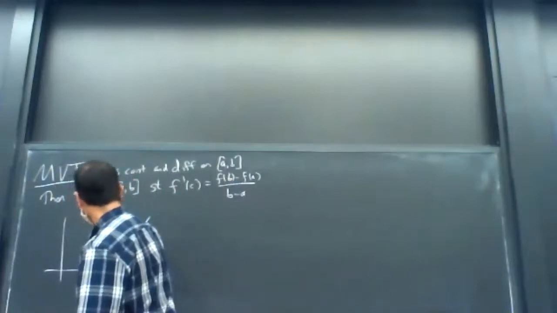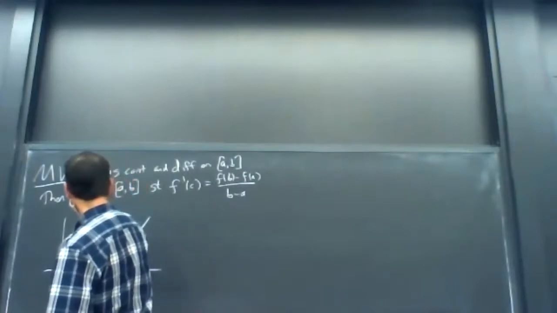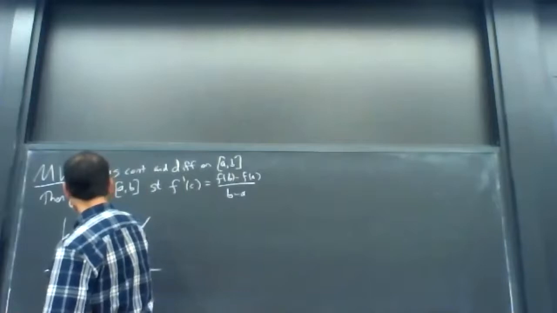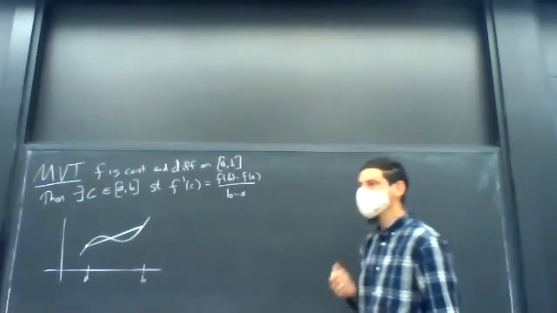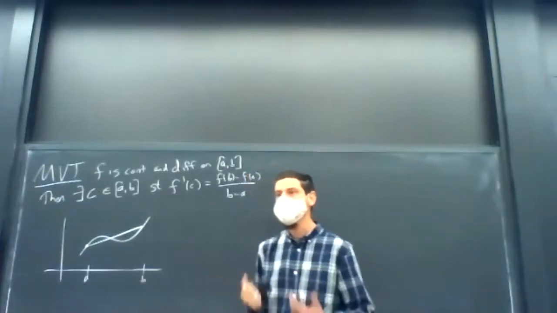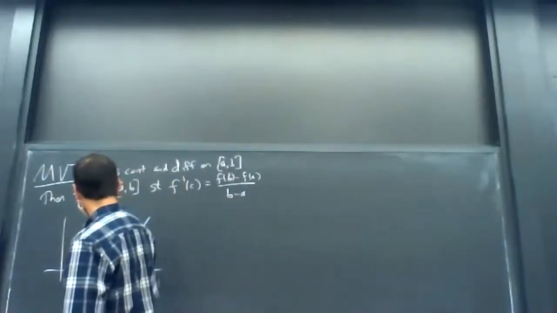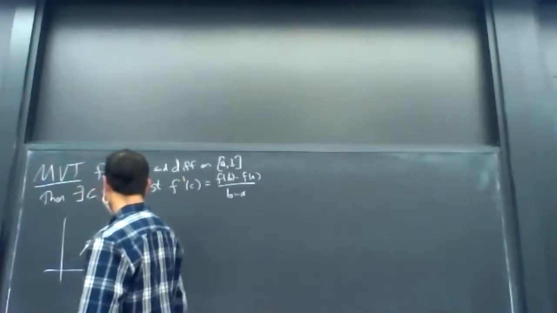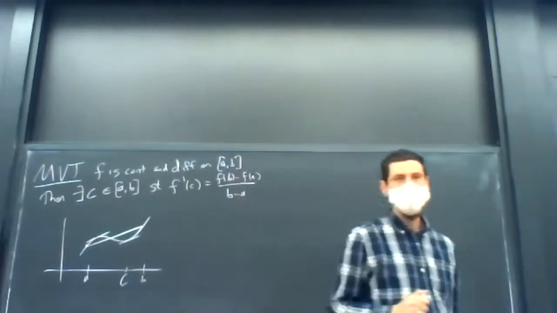And if this is a and this is b, the average speed from a to b is just the slope of that line. And the mean value theorem tells us that there must be at least one point where the instantaneous speed equals the average speed. For this example, it turns out that there would be two choices. And maybe we'll choose that to be the value of c that we care about.